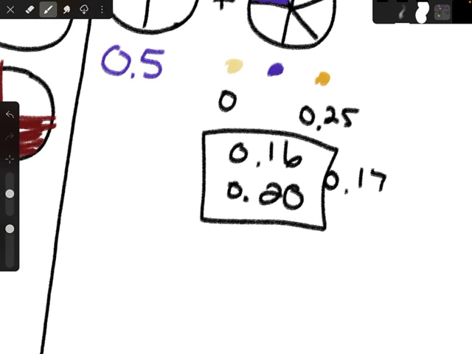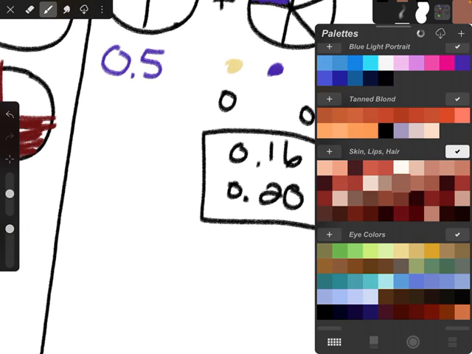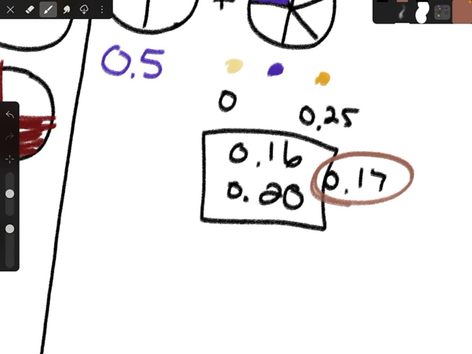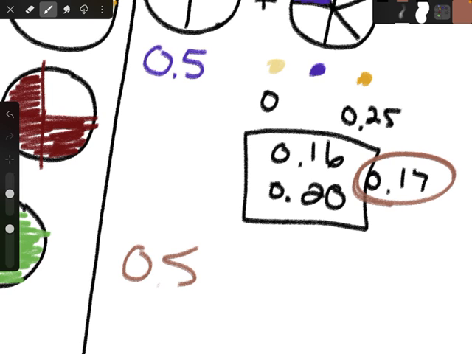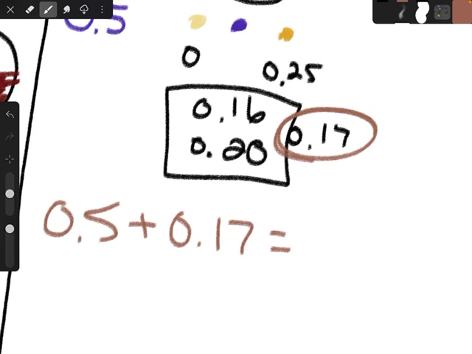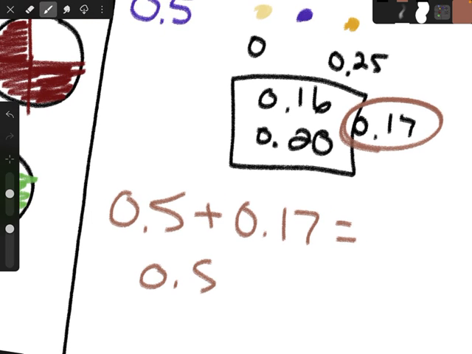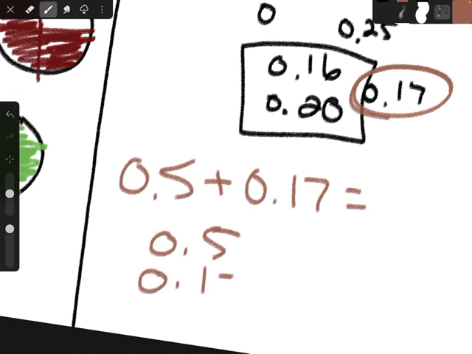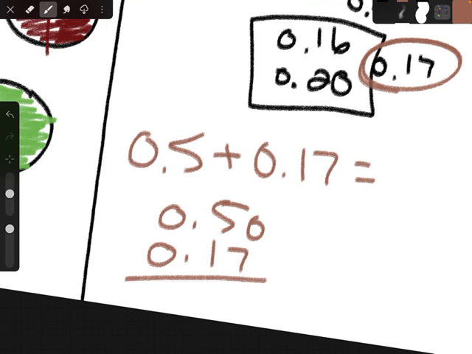Let's say we did 0.17, right? 0.5 plus 0.17. If we can add that up, what would that be?